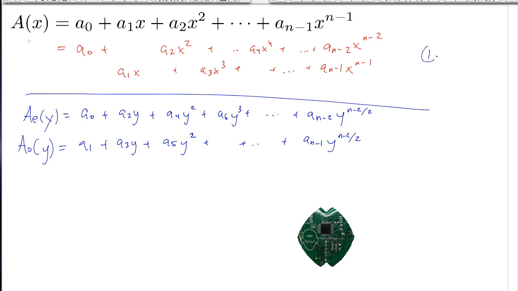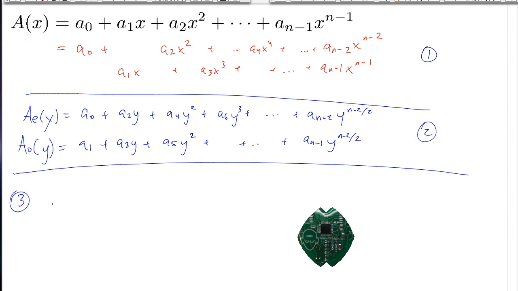So this was the first insight. This was the second insight that we had. Check this out. We can write A of x as simply A even evaluated at x squared plus x times A odd evaluated at x squared. Right?